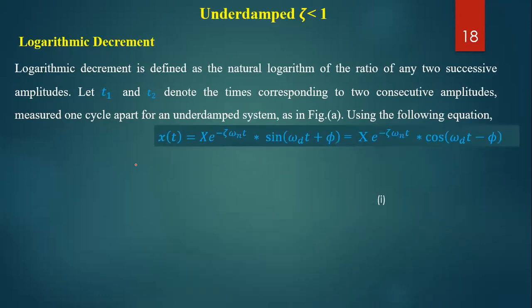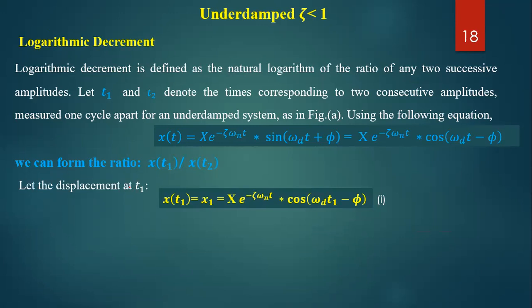Using the following equation, which is the general equation for underdamped vibration as we have derived previously, the ratio x(t1) over x(t2) is known as the logarithmic decrement. Let the displacement at time t1 be x1, x1 is equal to X e^(-zeta omega_n t1) cos(omega_d t1 - phi).